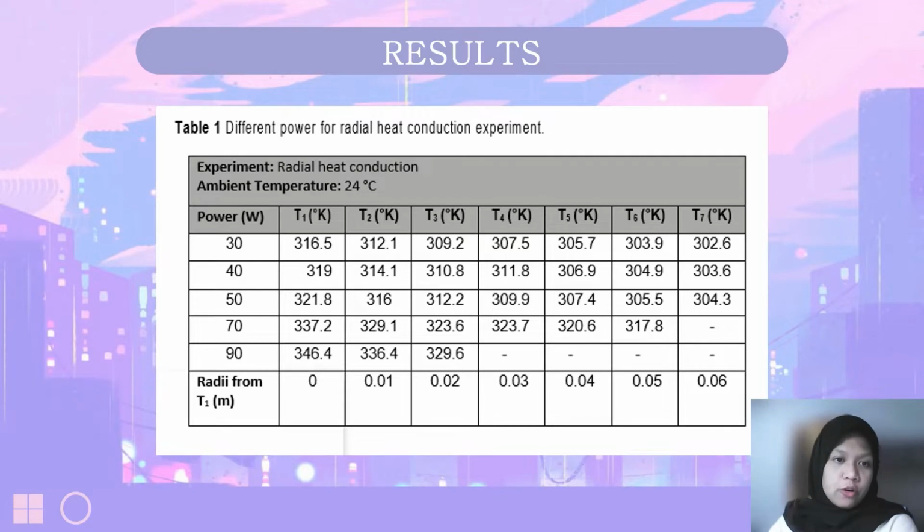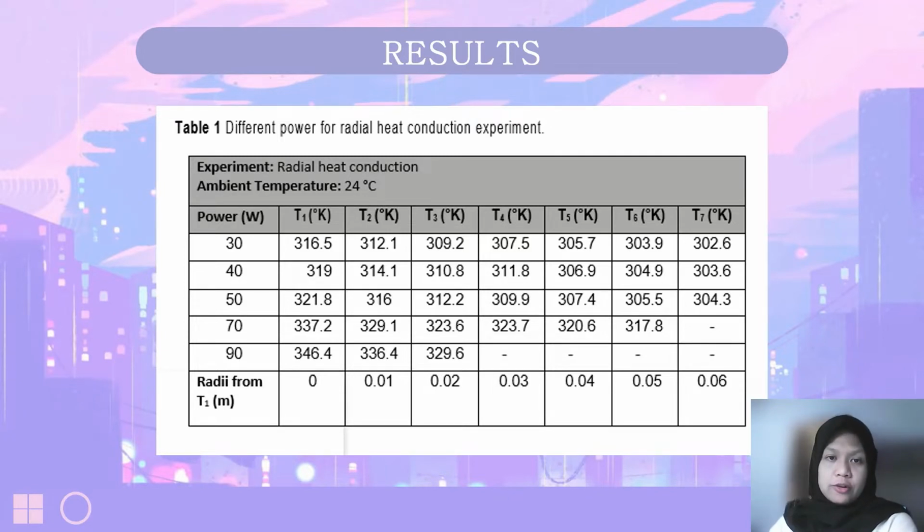But for 90 watt power, it starts from 346.4 and then continues to T2, which is 336.4, and then 329.6.